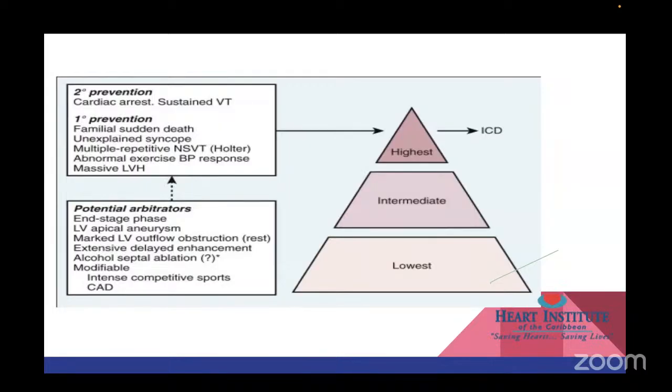Now, there's another aspect to hypertrophic cardiomyopathy that I think needs to be clearly emphasized. We've already spoken to the things that can increase and reduce symptoms, the murmur and so on.